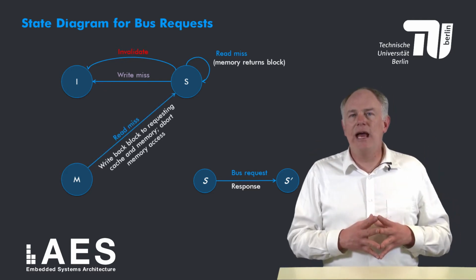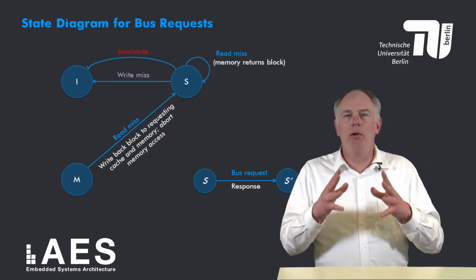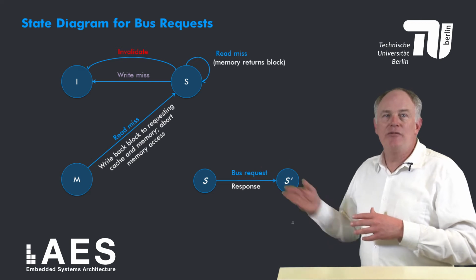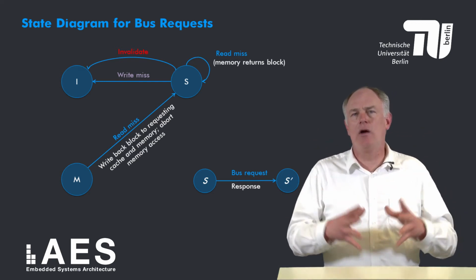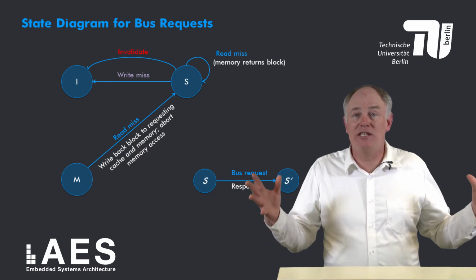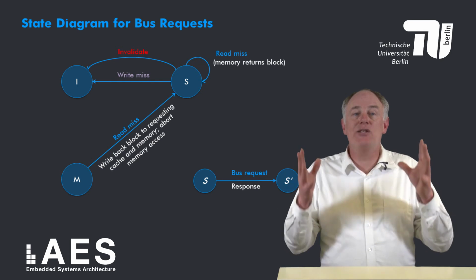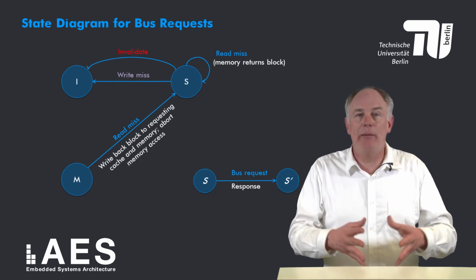Now I consider the case where the cache controller snoops a read miss to a block that is in state modified in its cache. Since this cache has the only copy of the cache block and the memory copy is outdated or stale, the controller has to write back the block to the requester as well as to memory.